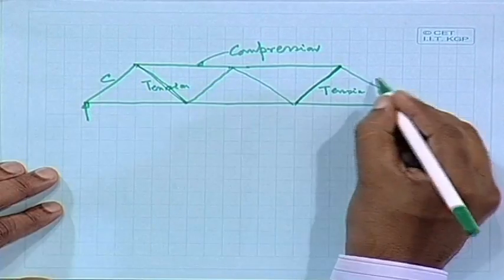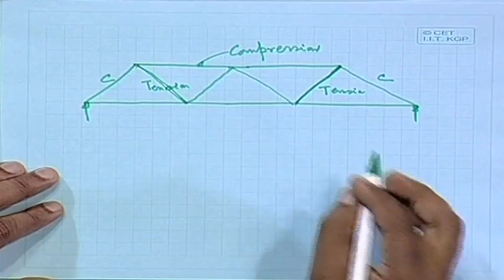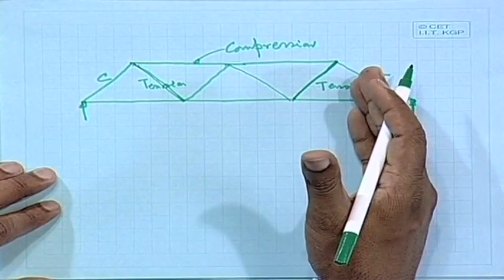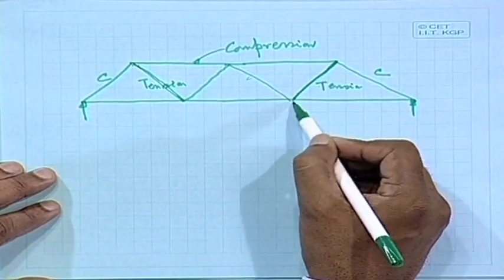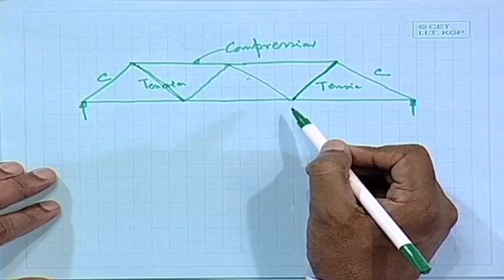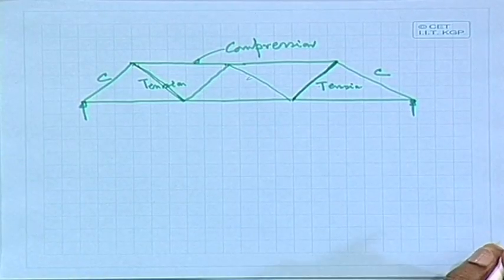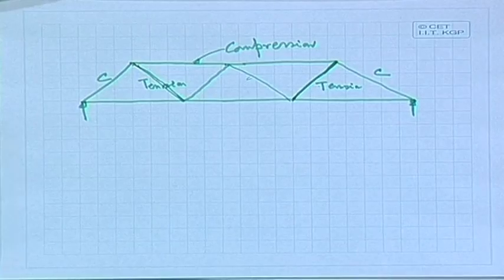This is again compression, this is compression. So, here we are providing the truss analogy, with inclined stirrups. So, this is the way we generally provide.